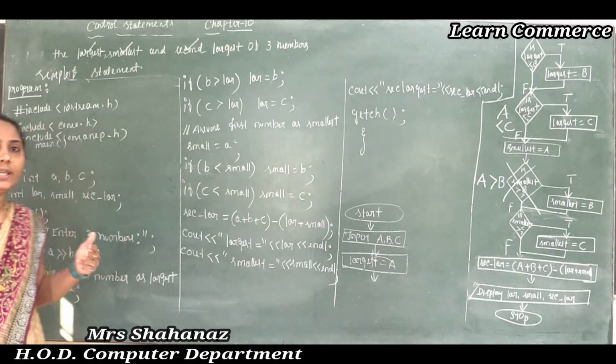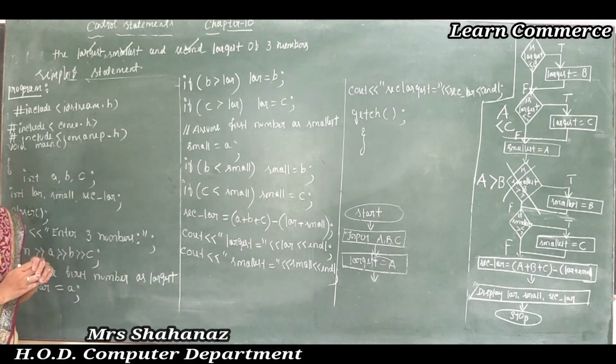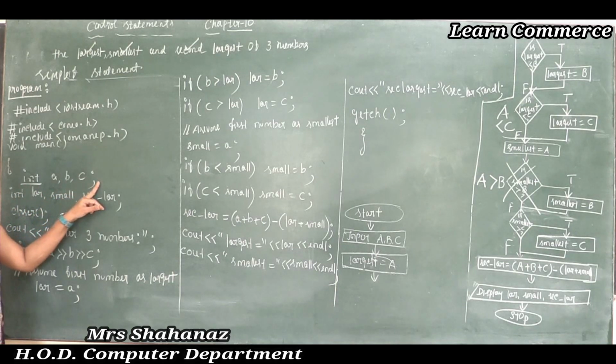After opening the flower bracket, whatever variables we need to use in the program, everything needs to be declared using a data type. As we know, A is equal to 7, B is equal to 3, C is equal to 10. In this case, all values are whole numbers without any fractional part. So I am using the data type int a, b, c, and finally the statement is terminated by a semicolon.